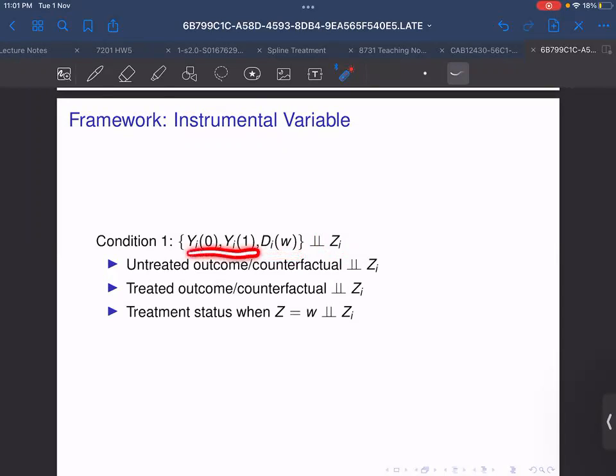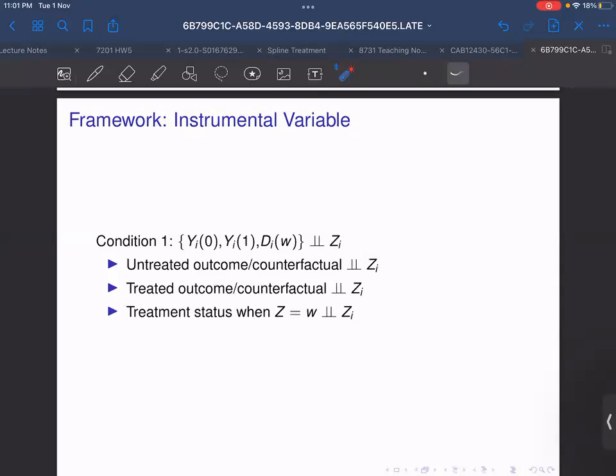So the first two terms are pretty straightforward, right? The untreated outcome, or counterfactual, would be independent from zi, where zi here is the draft number. Do you remember that? The draft number is randomly assigned. Let's say there are two draft numbers out there, 3 and 10.